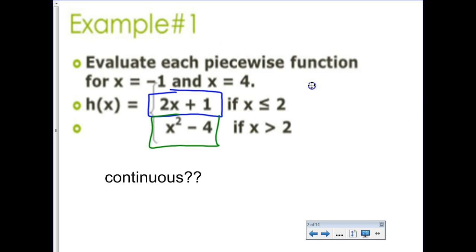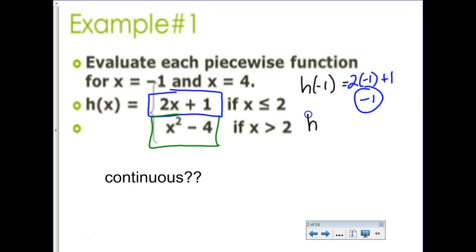So when they first asked me to evaluate at x equals -1, if I plug in -1, I got to choose which piece of the piecewise function it is defined at. So -1 would be all within the domain of less than 2. So using that blue function, 2 times -1 plus 1 is -1.